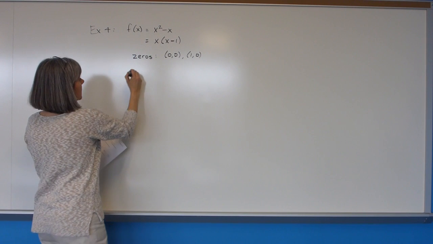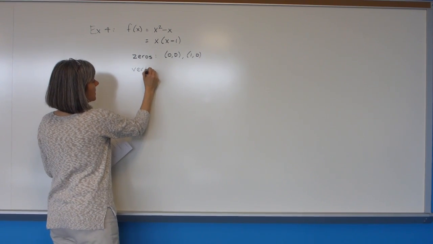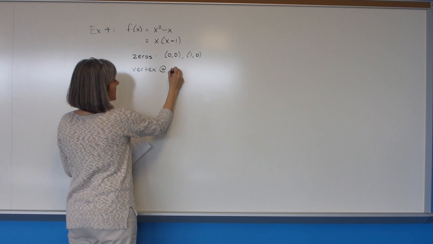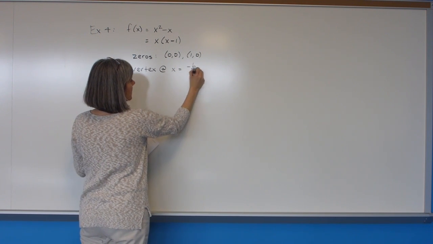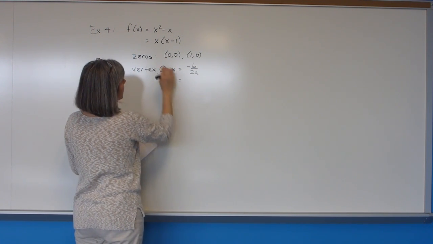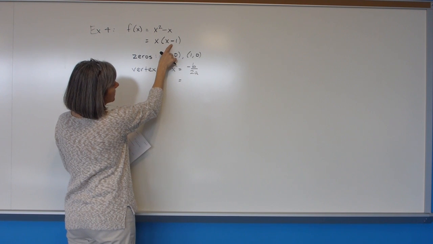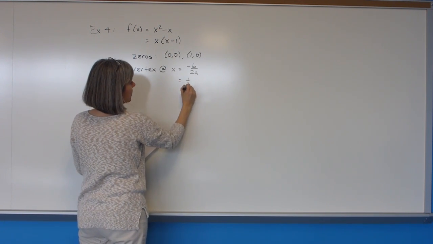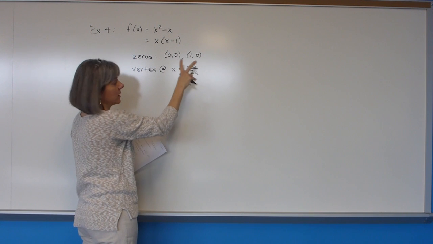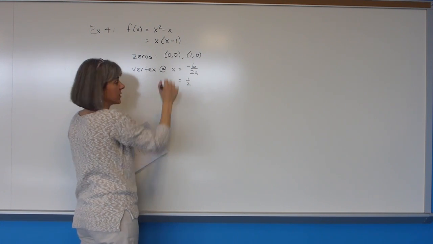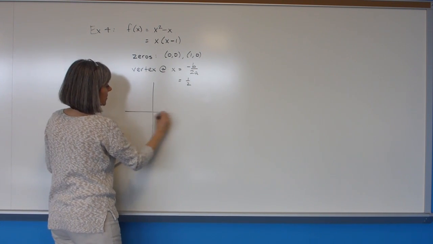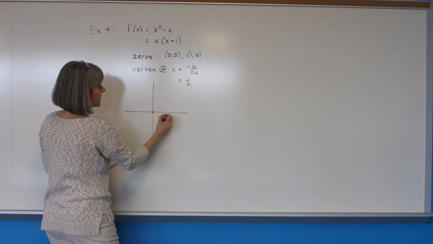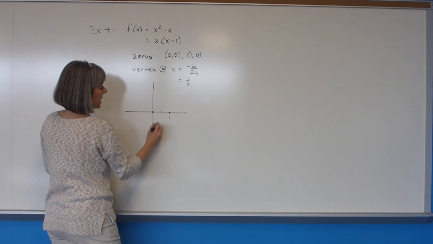If you remember, your vertex is at x equals negative b over 2a. So negative of a negative 1, 1 over 2. So this is going to happen at 1/2, which, you expect it to be halfway between your zeros. So this curve will look like this. It comes through here at 0 and here at 1, and it has a vertex there.